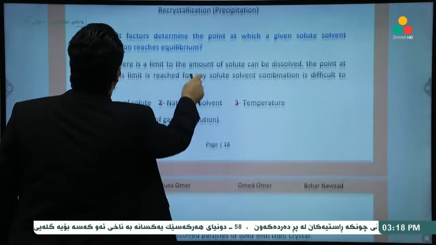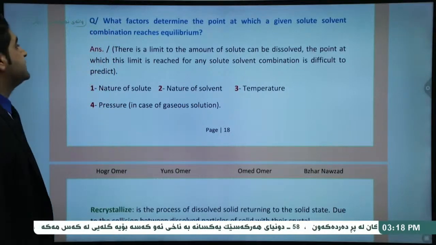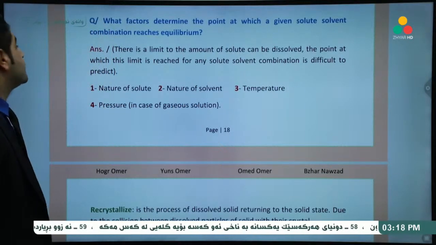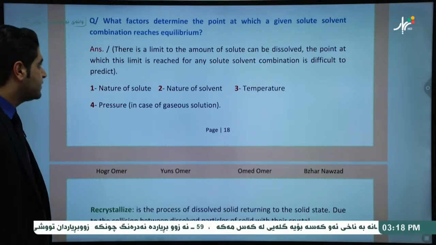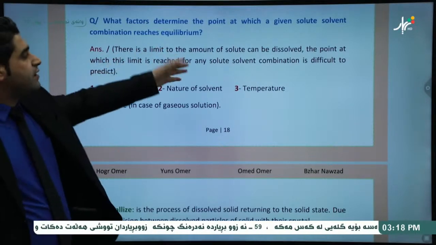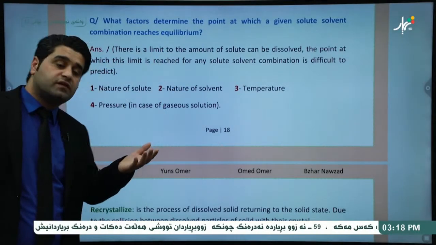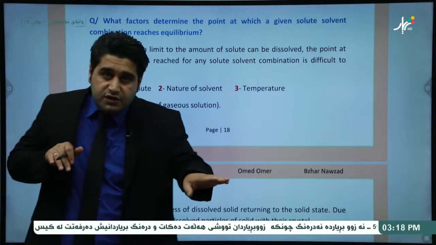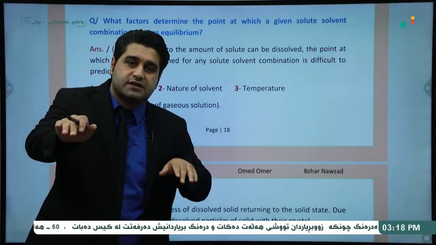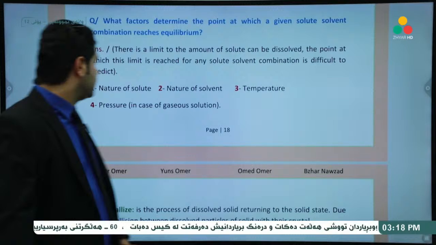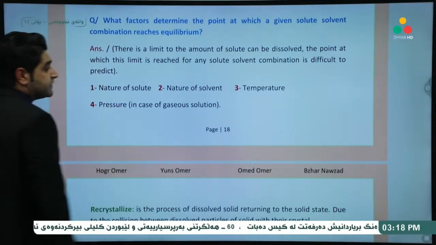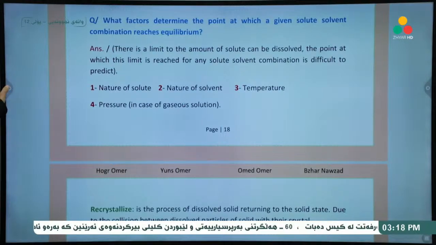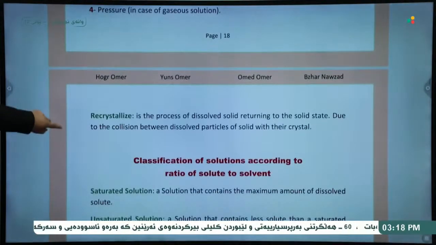Look, what factors determine the point at which a given solid and solvent combination reaches an equilibrium? There's a limit to the amount of solid that can be dissolved in a solvent, but when we have an equal rate between dissolution and recrystallization, it will be a solution equilibrium. And it depends on the nature of the solid, the nature of the solvent, temperature, and pressure if the solute is a gas.